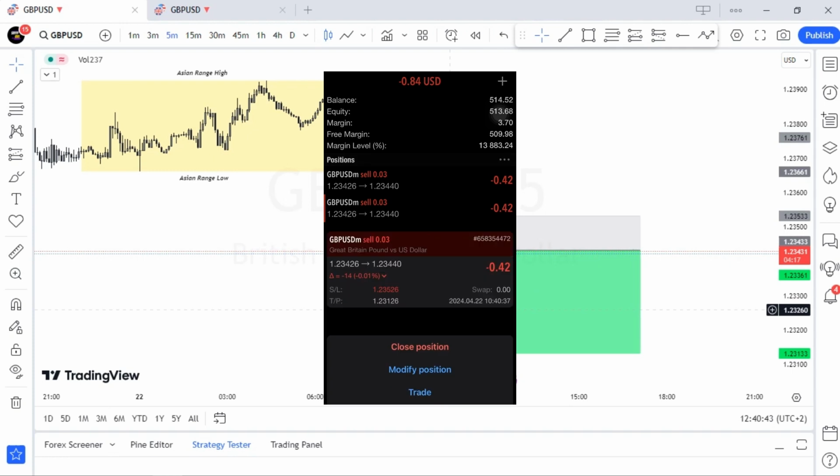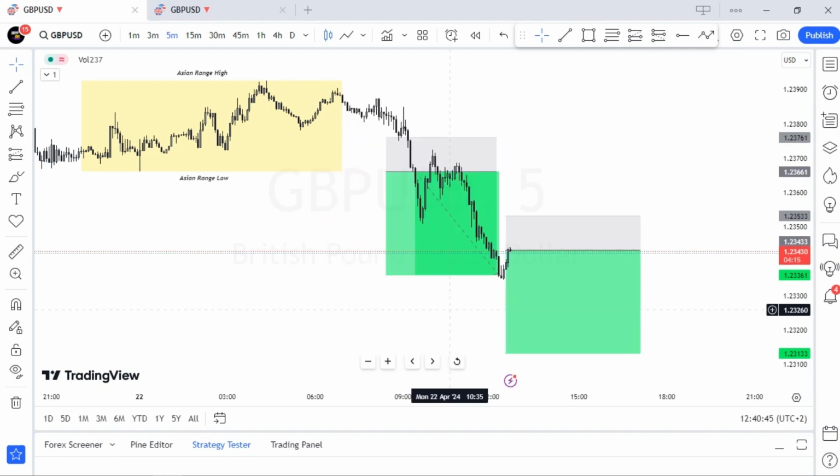I've entered 2 more positions. Same lot size, same risk and everything. So it's sort of like a risk-free type of trade now because of the profits that I made.